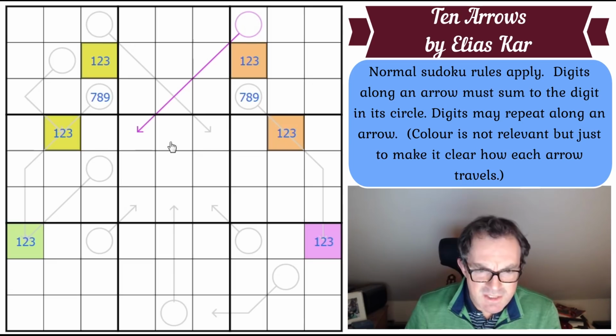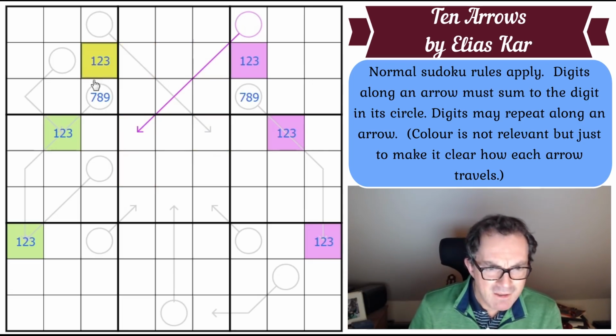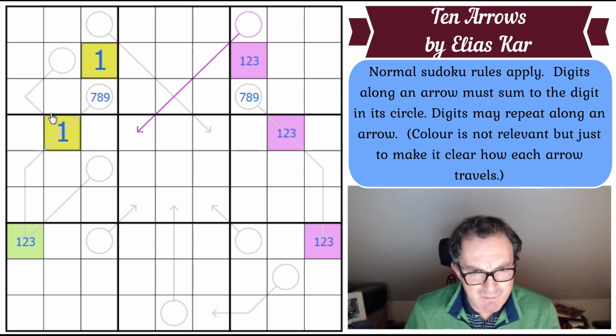Yeah, this is actually, I think, very interesting, because whatever the low digit is that I try and put into these squares, I think it has to be on the same arrow. I'm actually going to put digits in. Let's just imagine this was 1 and this was 3.